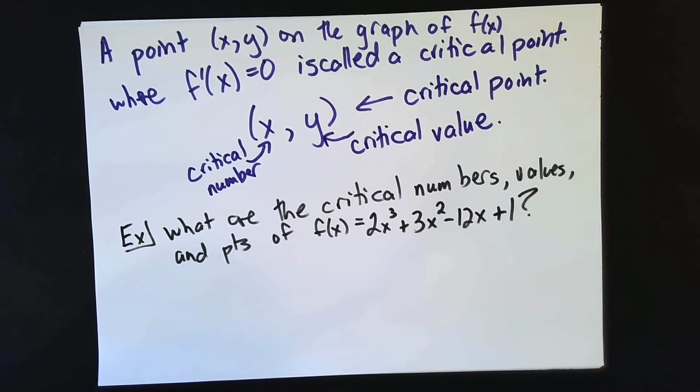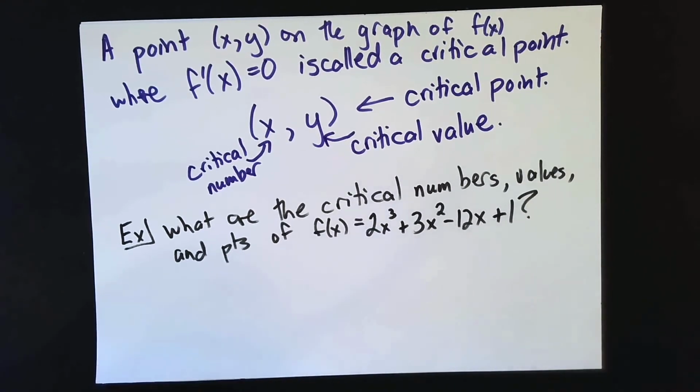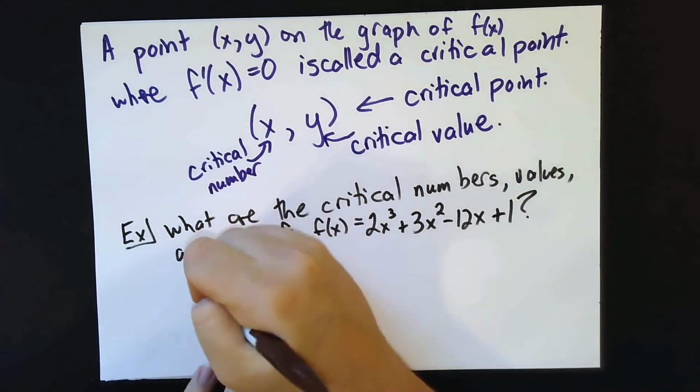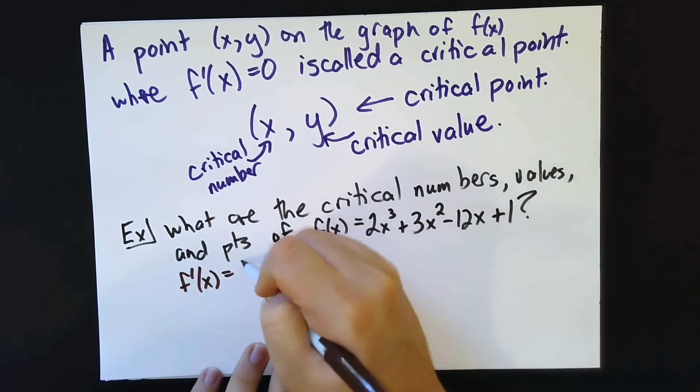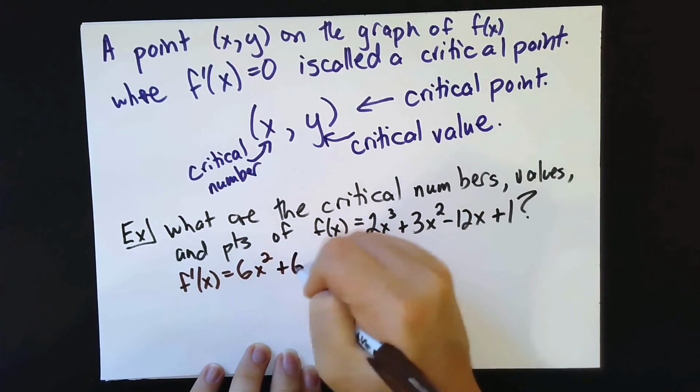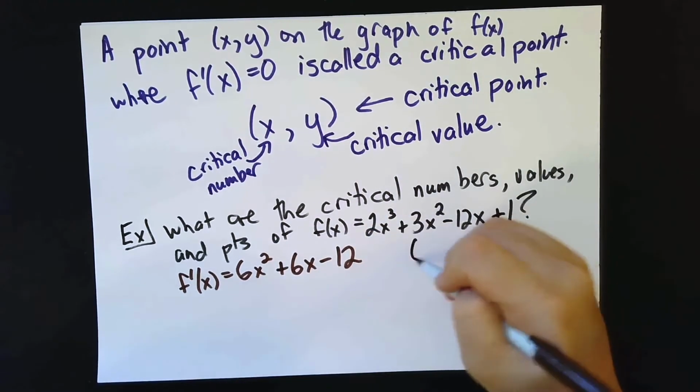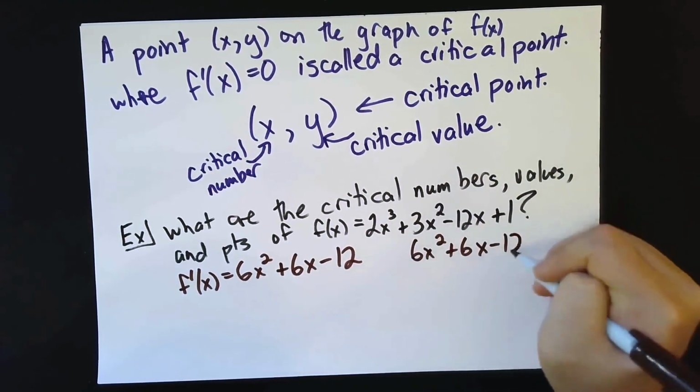To emphasize the vocabulary here, let's just do an example where we write down what the critical numbers, critical values, and critical points are of this particular function. So they're all supposed to correspond to places where the derivative is 0. So to start this question, I have to take the derivative here, and I have to solve that being equal to 0.